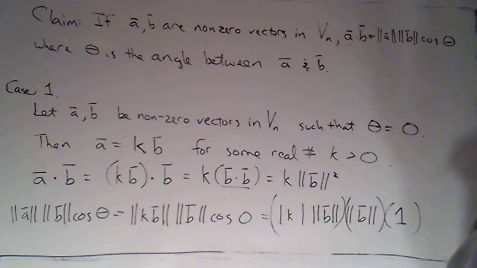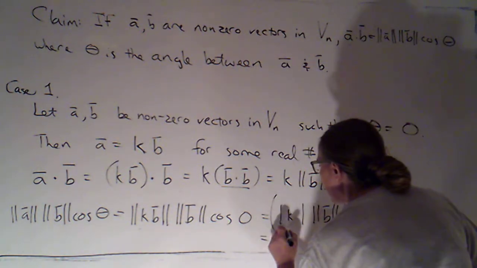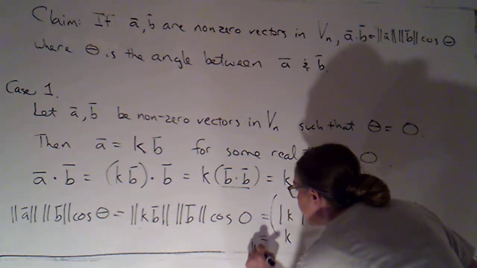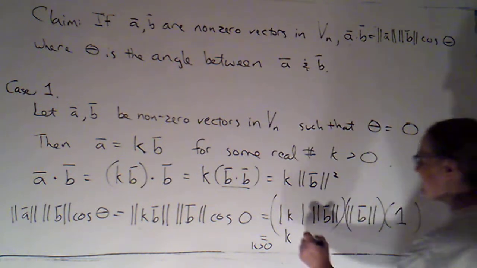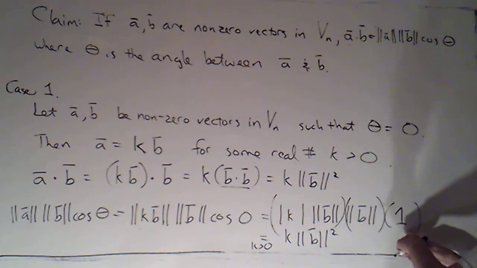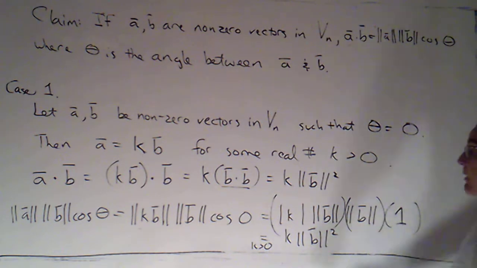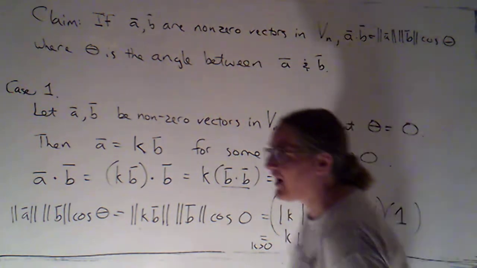Now, what's the absolute value of K? Well, we'd stated that K was positive. So I can say because K is greater than 0, the absolute value of K is just K, and then this is the magnitude of B squared times 1. Now, I am going to insist on having that reason, and here's why.